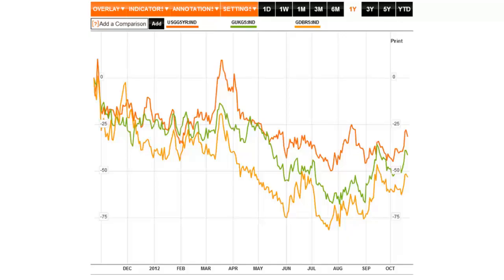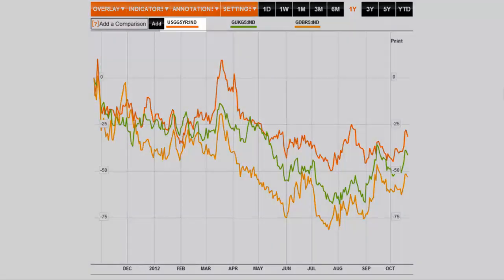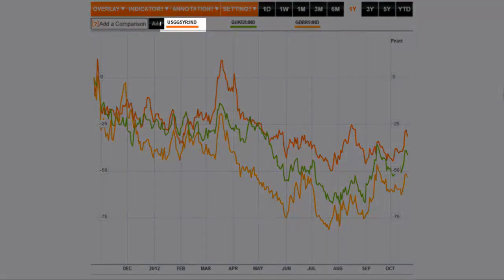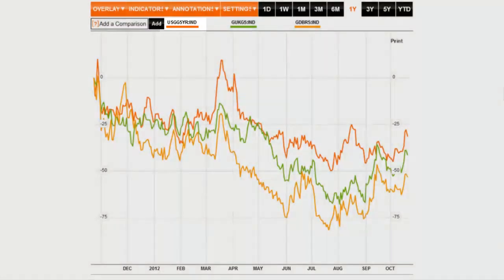And when you Google that, you'll get the link for it. Click on it, and when you get the chart that opens up similar to this, you'll just simply add the symbols you see here. For a 5-year U.S. Treasury or T-note yield, it's USGG5YR:IND.